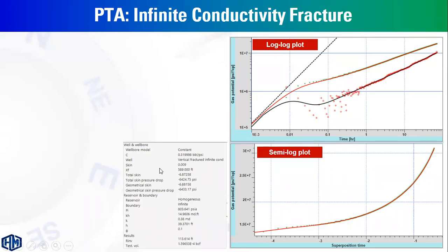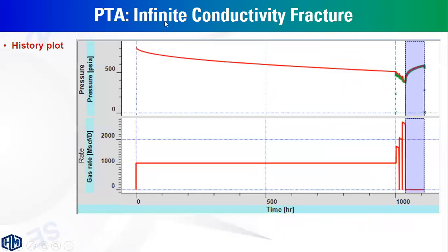This is the model result, and this is the matching of the production history for this well, pressure and gas rate against time. This is the simulated pressure matching the actual recorded pressure.